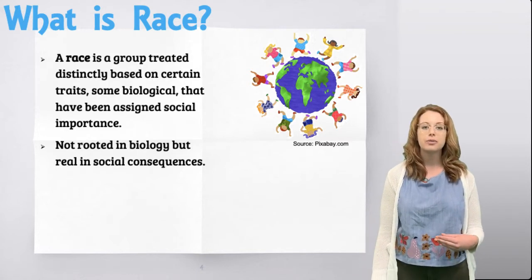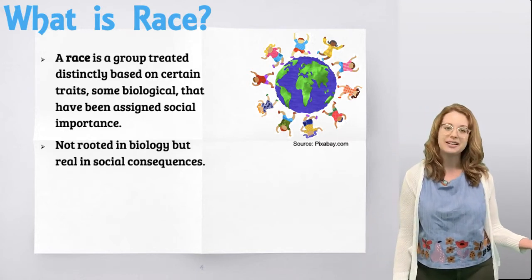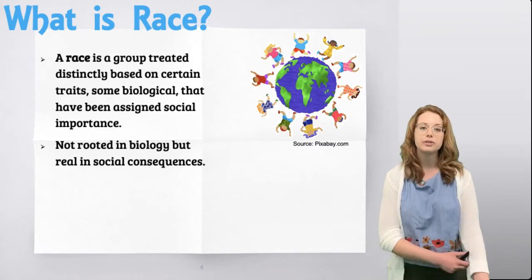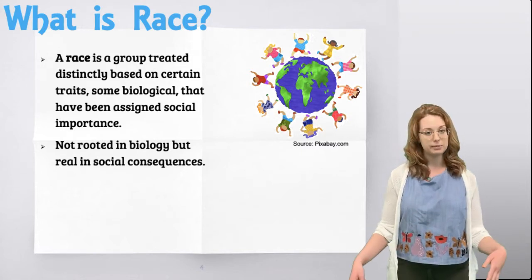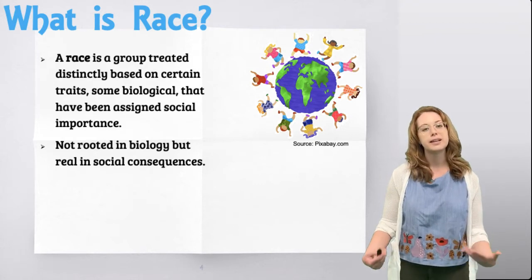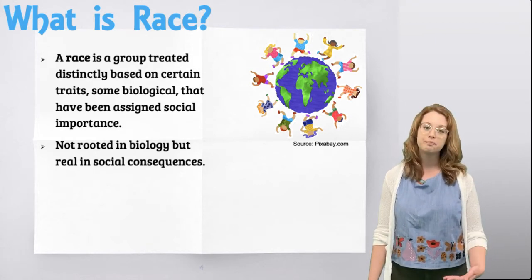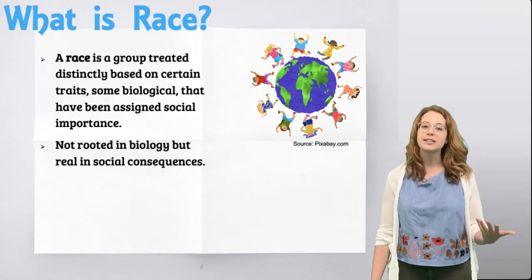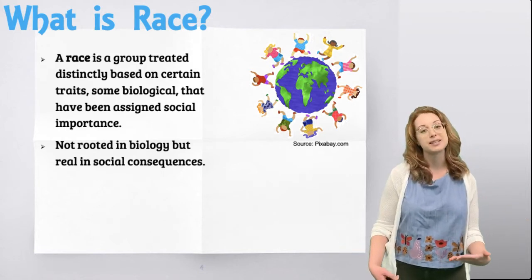Much of the reason why people look different is because of adaptations due to the environment. For example, if you live closer to the equator and have more sun exposure, you may develop darker skin to protect yourself from the sun. If you live farther away from the equator, you develop lighter skin so you can absorb more vitamin D from the sun.